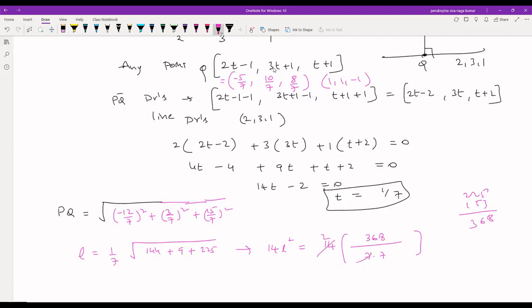Cancel 2 times. How much it is? So cancel 50, 35, 54 times. So again, we got not 8.